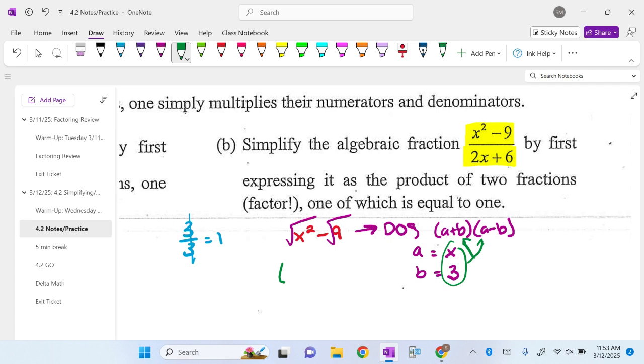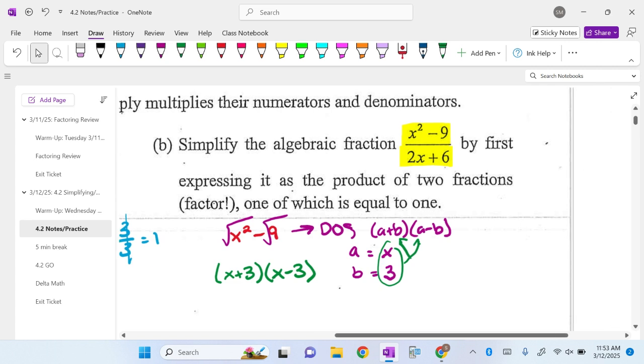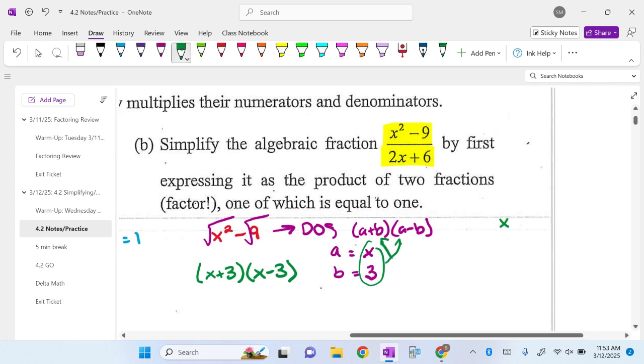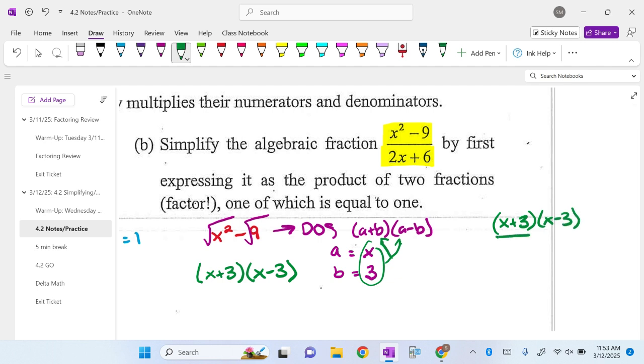So just replace a and b up top with the x and the 3. What do you get? X plus 3 and x minus 3. So that's our first set of factors. So over to the side, I'm going to write x plus 3 times x minus 3.